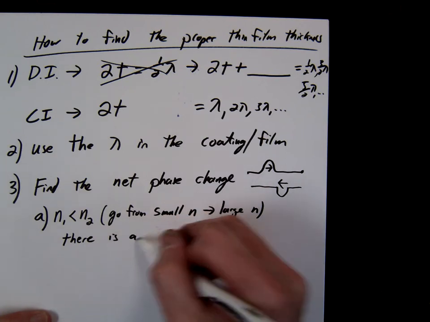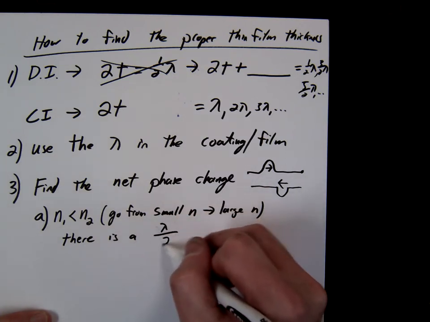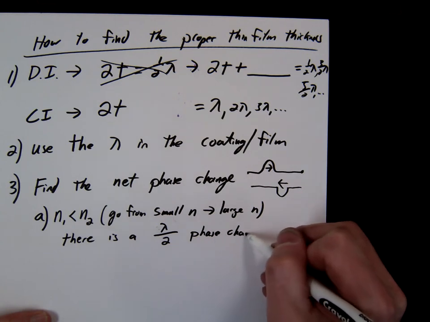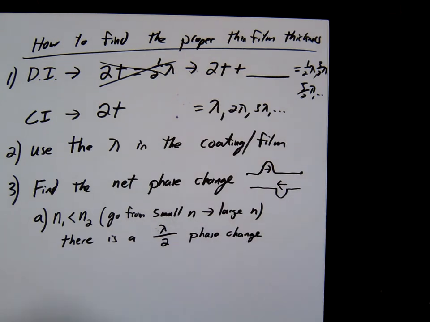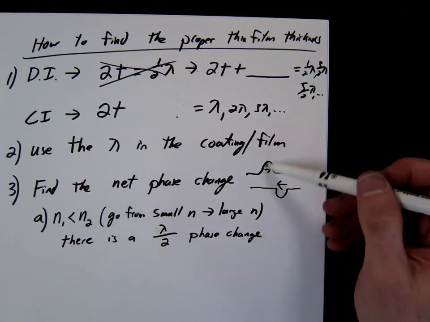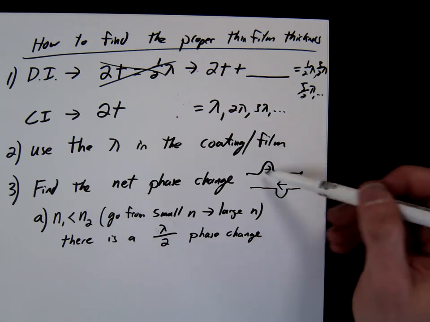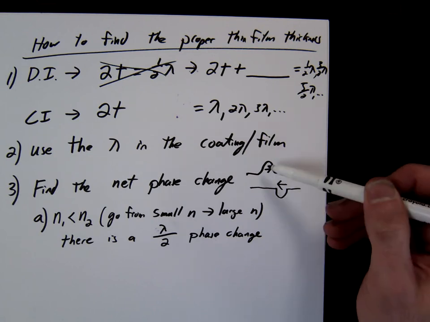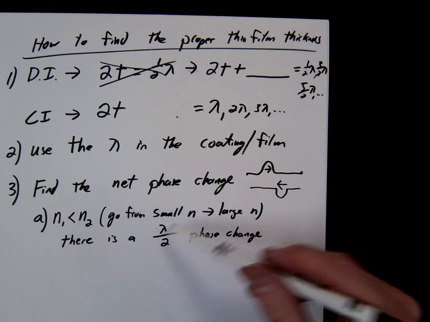And the phase change is exactly half a wavelength. So if you think of it this way, this is a crest, this is half of a wave, right? And it changes by half of a wave. So the crest becomes a trough. So we're going to have a half of a phase change.